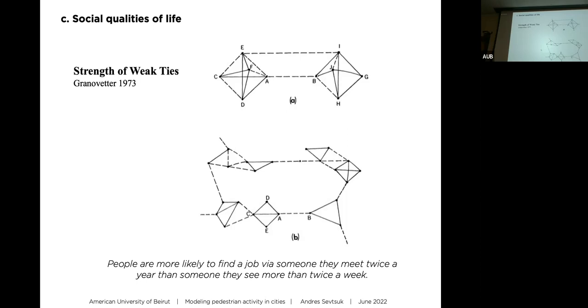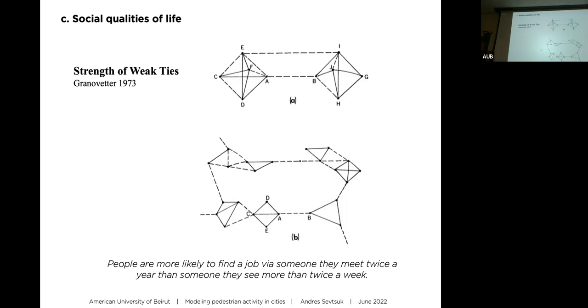And the weak ties are people we meet once a month or once in a few months, maybe once a year at a conference, etc. And we generally tend to have a bigger circle of those people than the close ties or strong ties around us. For instance, he demonstrated that people are much more likely to find a job through a weak link than a strong link. Now, this pegs the question, where do the ties even originate from?